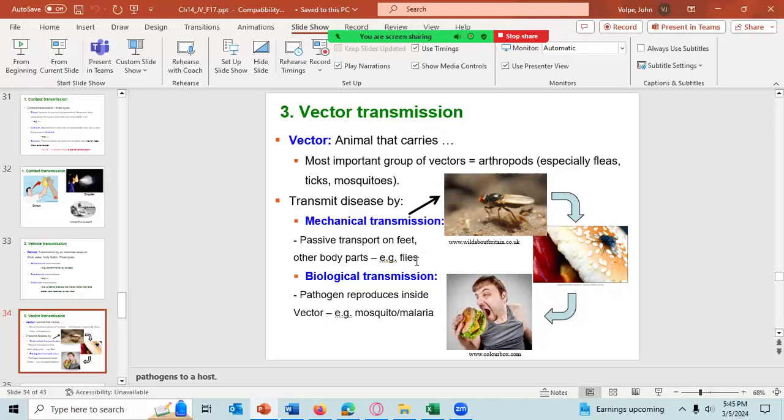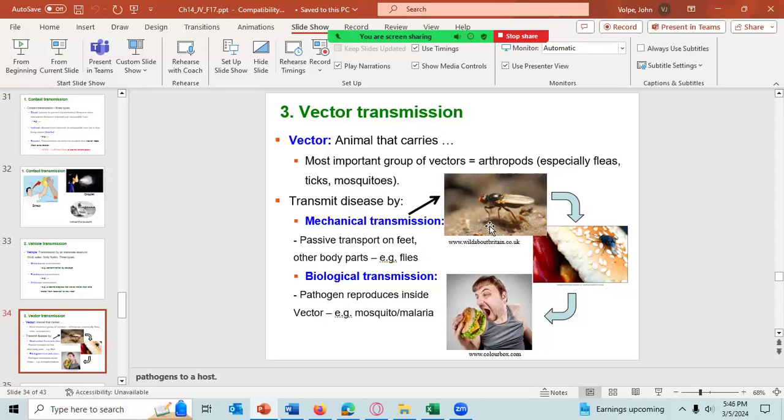Mechanical transmission is where the animal passively transports the disease-carrying organism, like when this fly lands on this object here, picking up the disease-carrying organism on the feet of the fly.